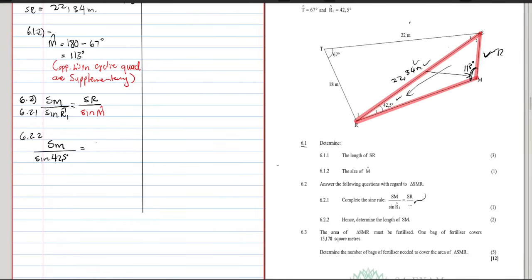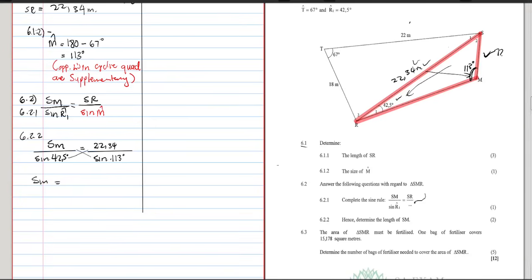That's 22,34, and then we divide by sine M. Sine M, it's that 113. Yeah, it's easy to mix up things here. Sine M, SM, they almost sound the same. And then we're just going to cross multiply.